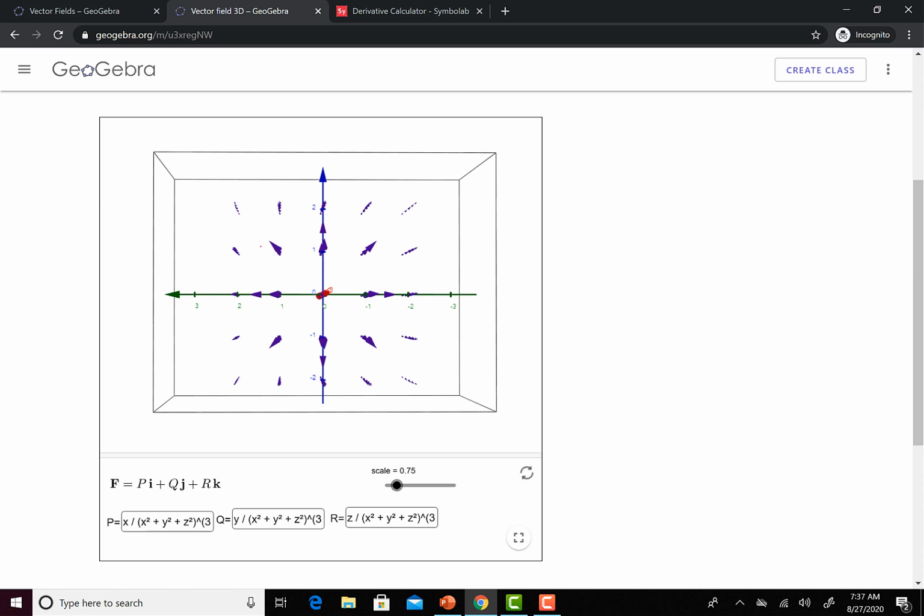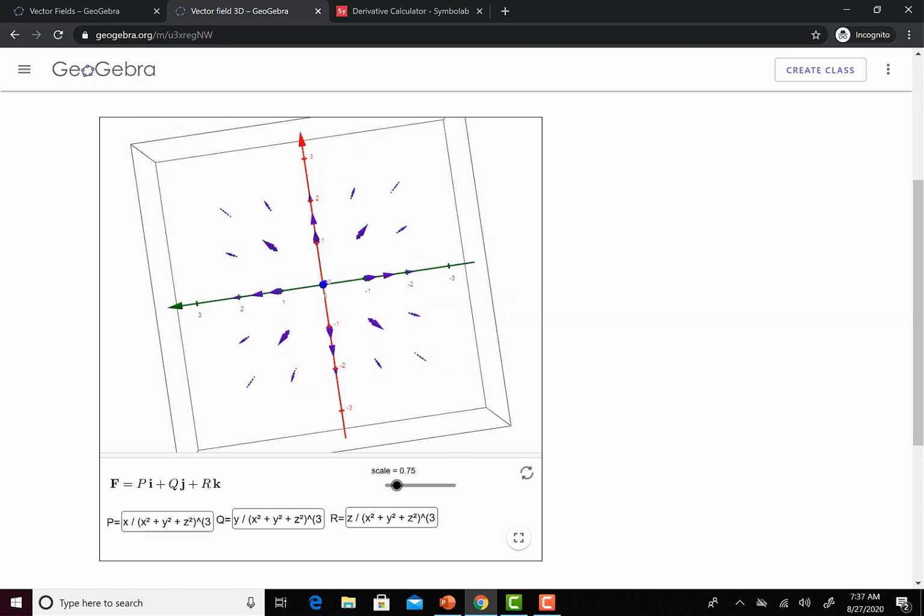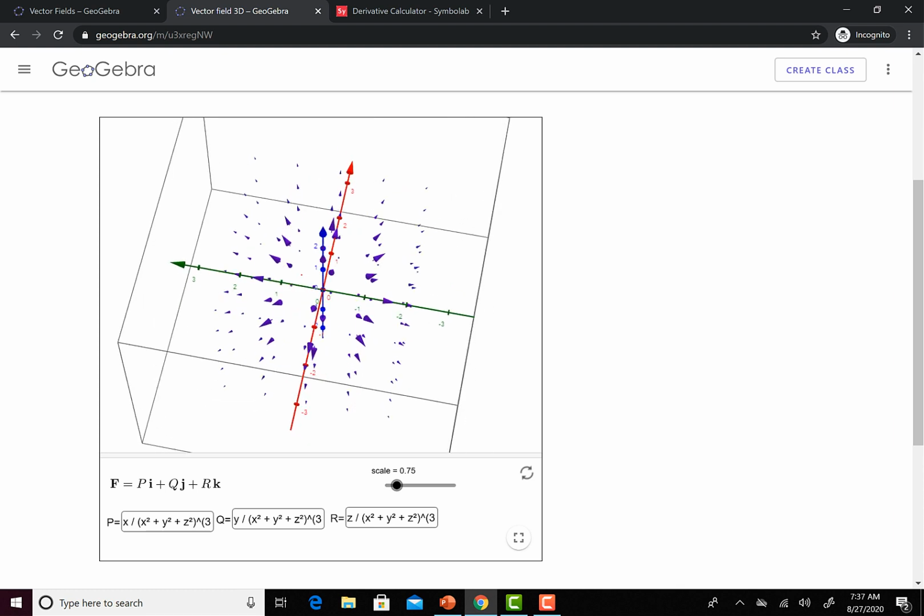So there may be more coming in, but it is balanced in such a way that whatever is coming in is cancelled out by whatever is going out. So there is no net divergence. From a plot point of view, you can see that arrows are pointing outwards, but just because arrows are pointing outwards, it doesn't necessarily mean that the field has a divergence, right?